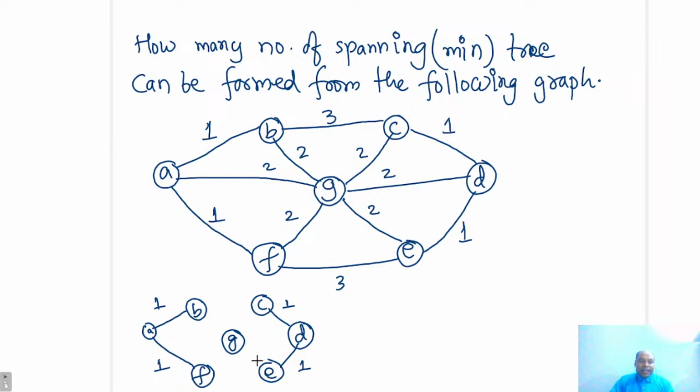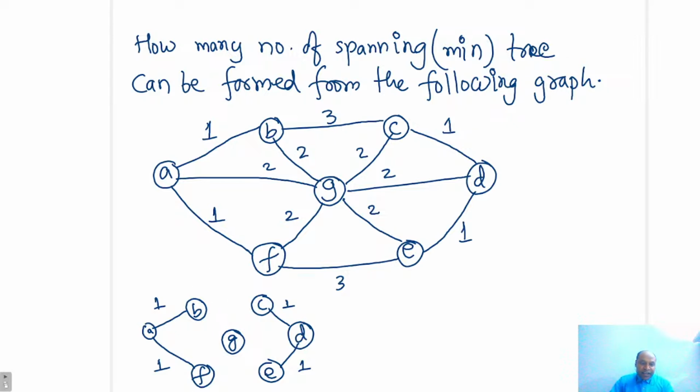The remaining I can connect with this. So the weight will be 8. But now we need to identify how many minimum spanning trees from this particular graph can be identified.